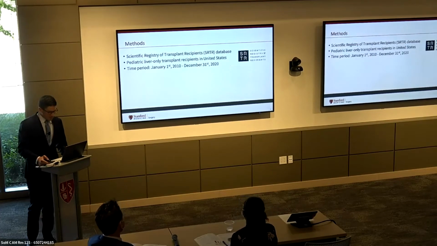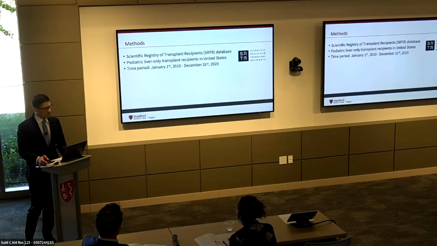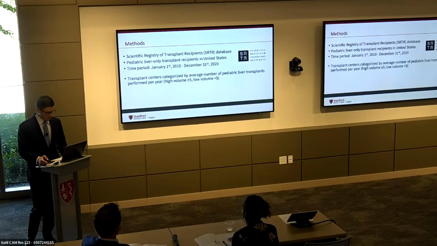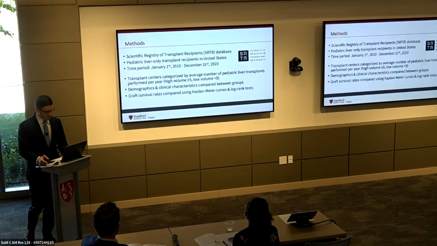Similar to our last presentation, we used the SRTR database, and pediatric liver-only transplant recipients in the United States were queried from 2010 through 2020 and included in the study population. Individual transplant centers were divided into high and low volume groups based on the average number of pediatric liver transplants performed per year over the study period. We compared demographic and clinical characteristics between the high and low volume centers.